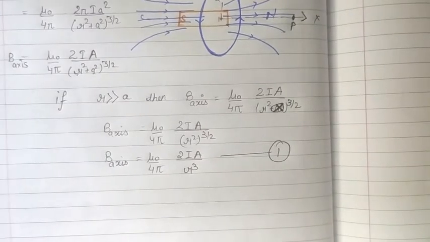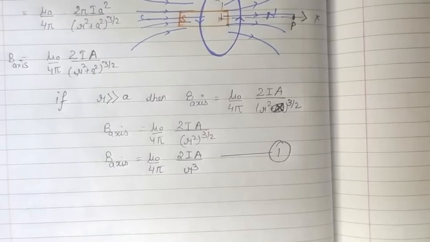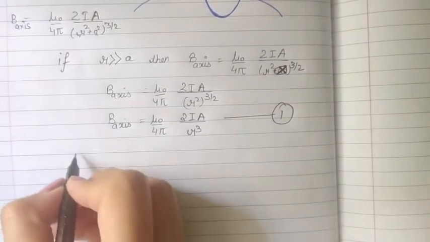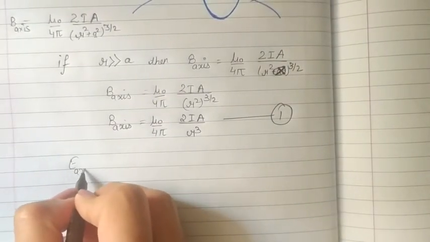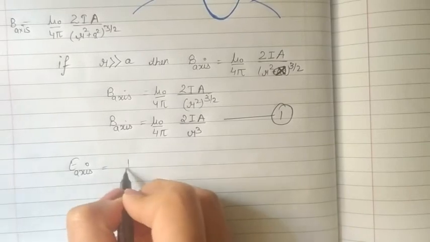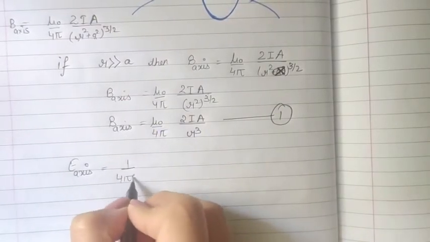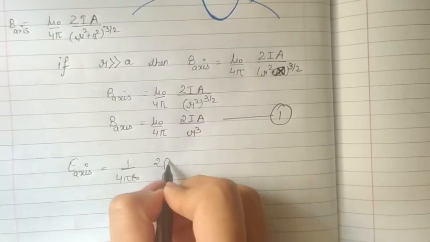Now we want to compare this result to what we get in electrostatics. In case of electrostatics, there is electric field instead of magnetic field, and if you want to find the electric field at any axial point lying far away from the dipole, then in that case we get the answer E axis is equal to 1 upon 4 pi epsilon naught, 2p upon r cube.